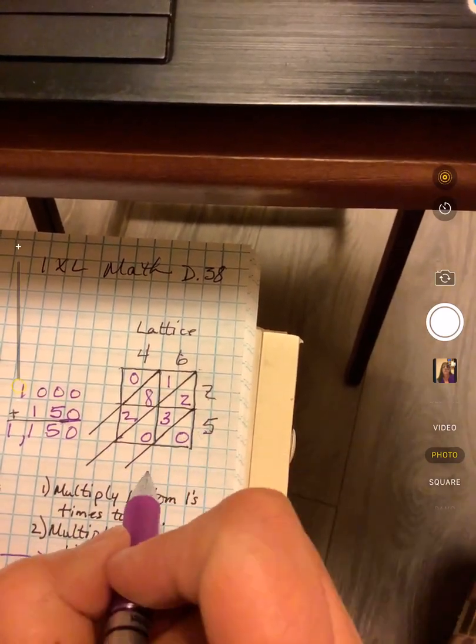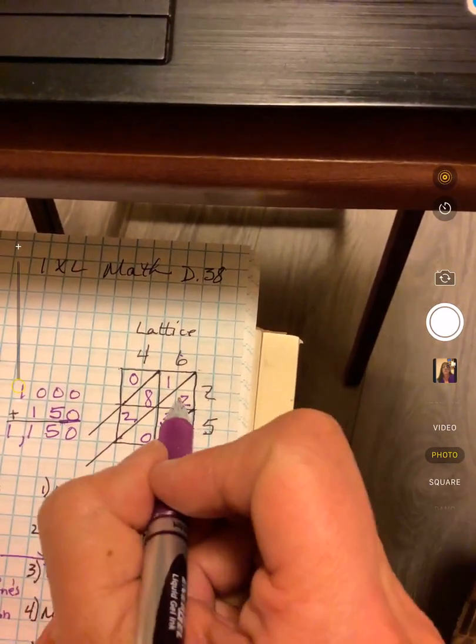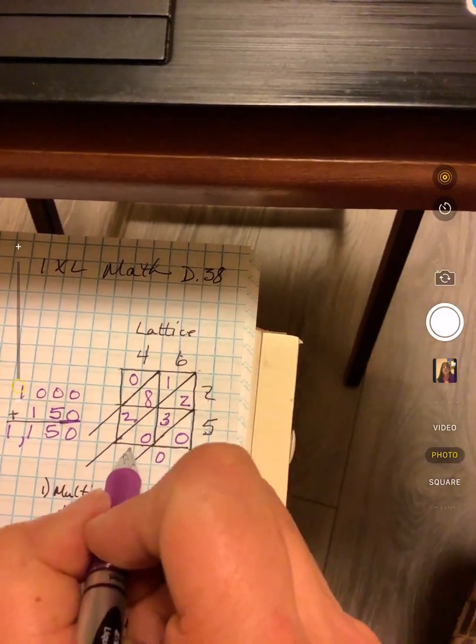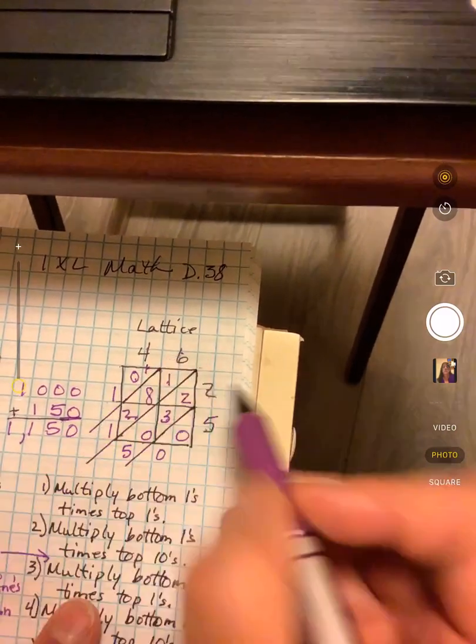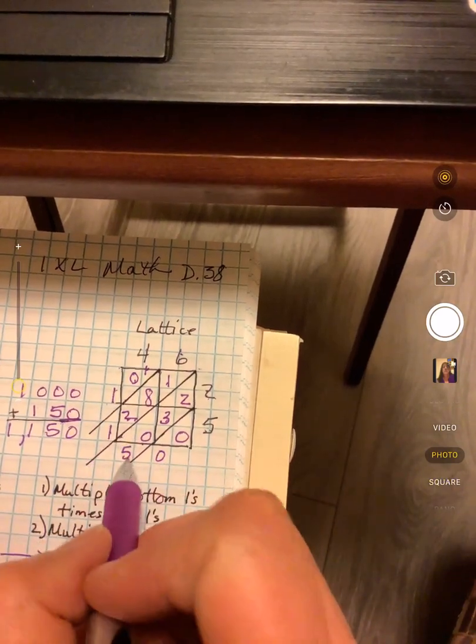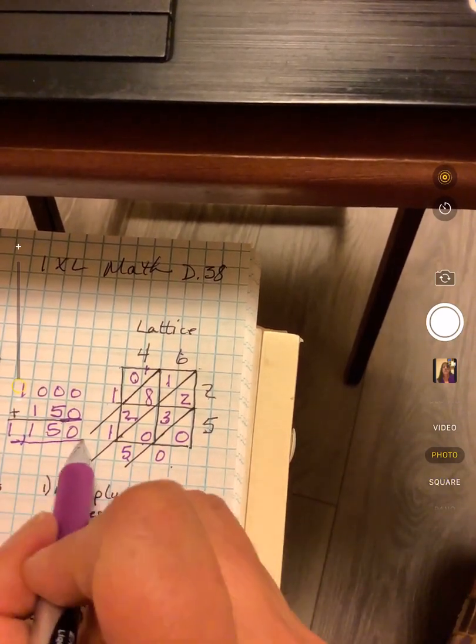Okay, now I start adding. 0, 2 plus 3 plus 0 is 5, 8 plus 2 is 10, plus 1 more is 11, and then 1 plus 0 would be 1. 1,150, just like I got right there.